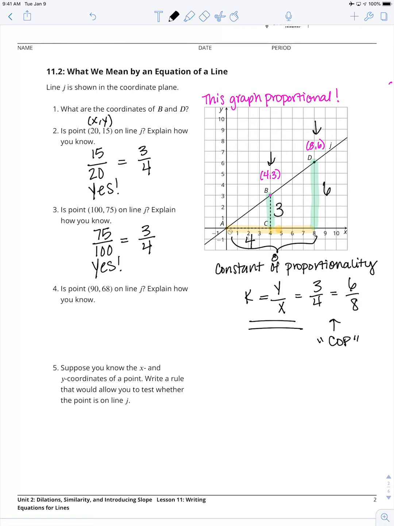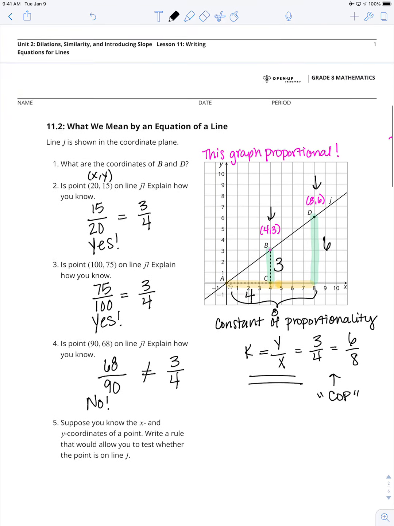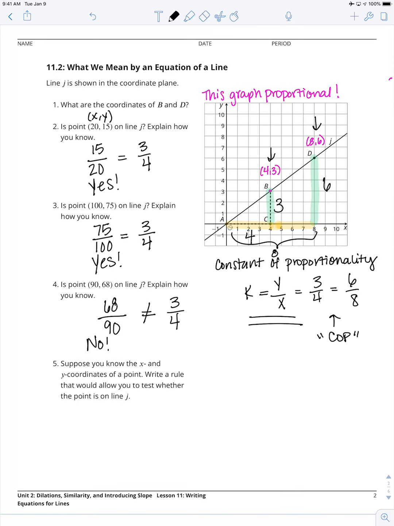(90, 68). My y value is 68, or my vertical side of the triangle, and my x value, or my horizontal side of the triangle, is 90. But now that is not equal to 3 over 4. So no, that point does not lie on the line because it is not a proportional relationship. The quotient, so let's again just kind of reiterate that piece.